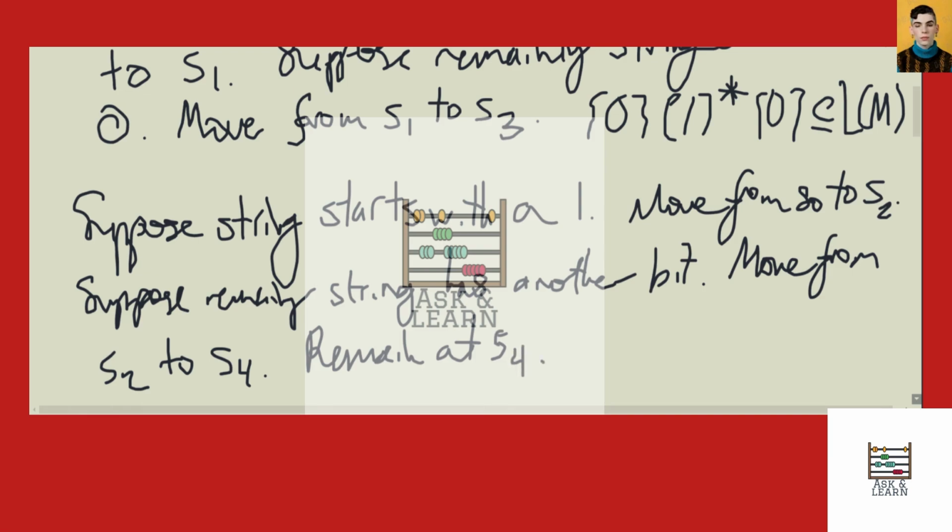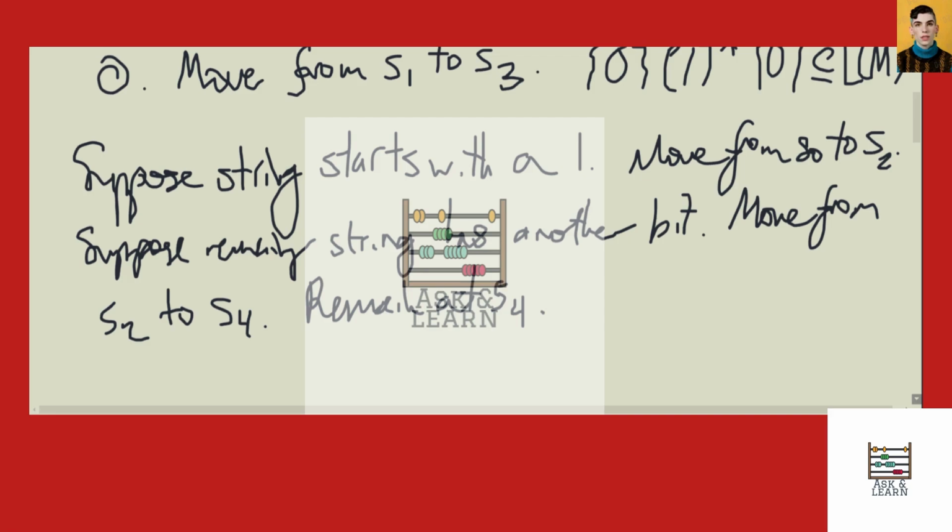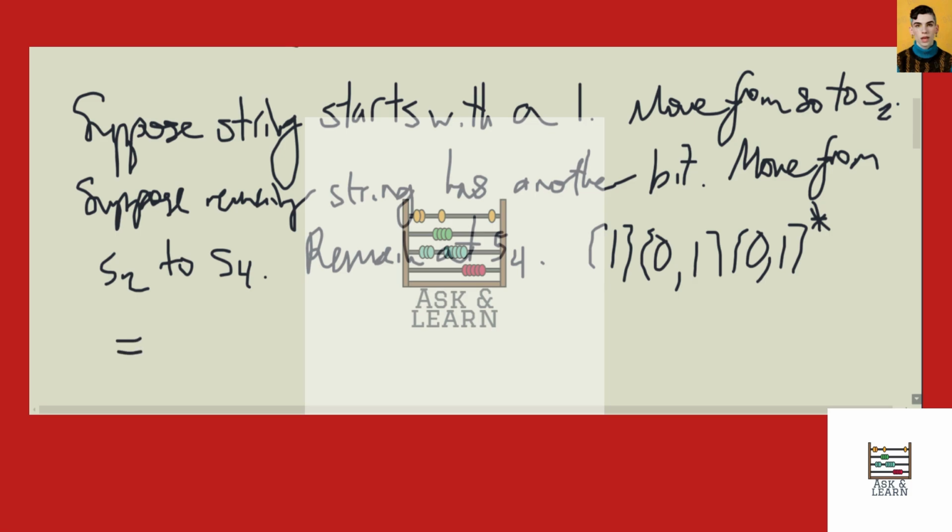And therefore, we have that the set 1, 0, 1, and then 0, 1 star, which is the same as 1, 0, 1, 1, 0, 1 star, is a subset of the recognized language.